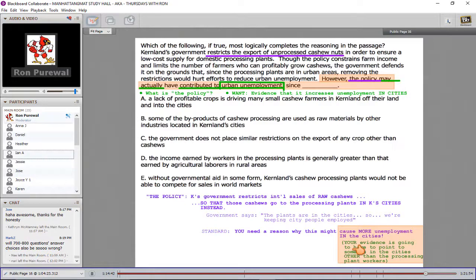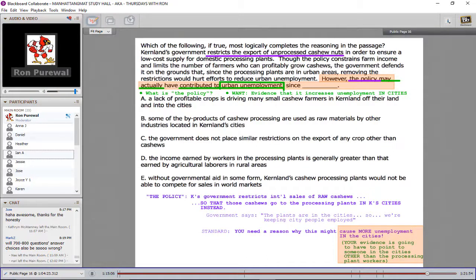Why might this cause more unemployment in cities? Well, if the farmers don't make profits and they drift off of the farmland and go into the city, when they get to the city, they don't have a job.